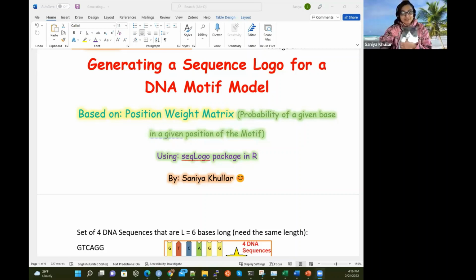So basically, again, we're looking at how we can generate a sequence logo for a DNA motif model. We have information from a position weight matrix, so the probability of a given base in a given position of the motif. That's what we'll be looking at. And again, I do talk in another video about how we can generate a sequence logo just from motif occurrences.